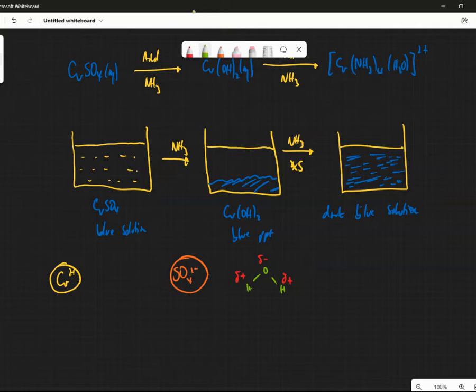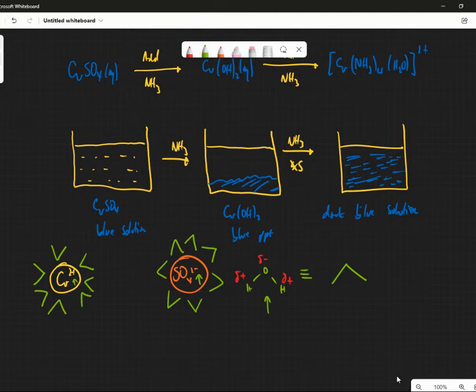We represent water molecules as V shapes. Around the copper, the negative side is going to come in, so the oxygens will be pointing in. But around the sulfate ion, it's the other way around: the hydrogens are going to go in, because of the relative charges of the water molecules and the ions.